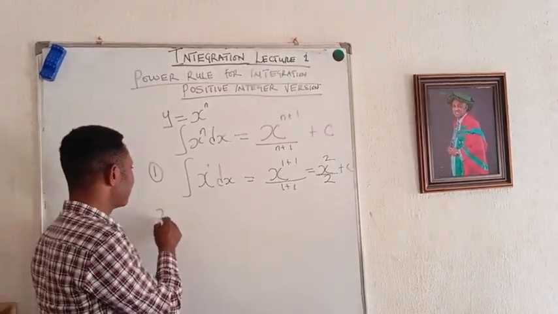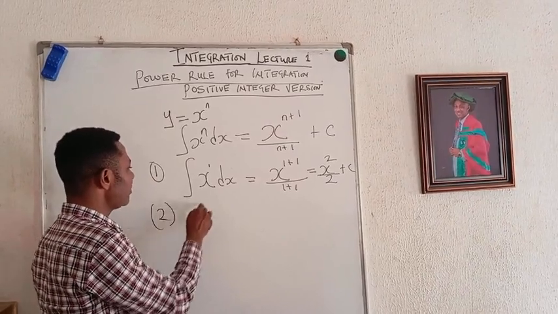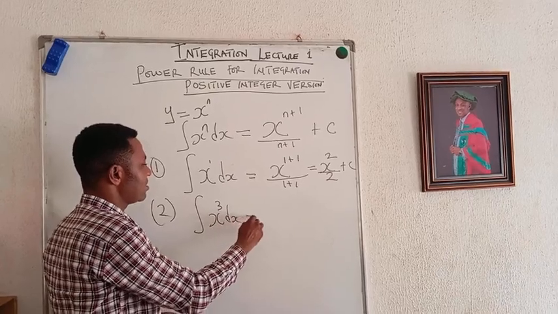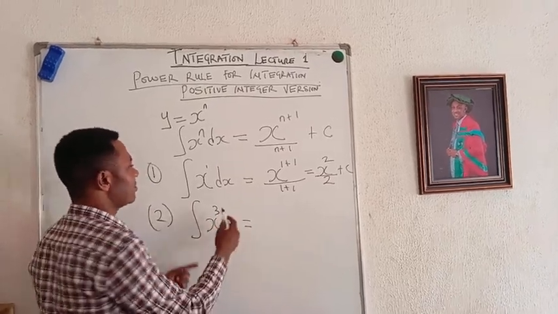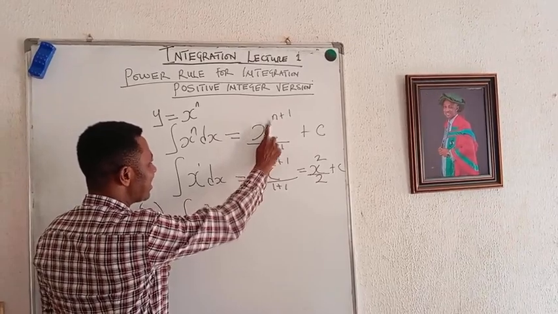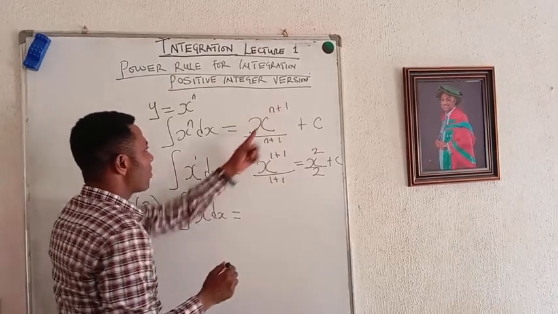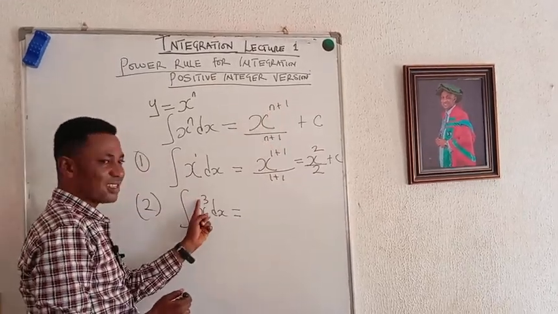Also, let's proceed. Again, we integrate x power 3 dx. Look at it very well. Like I told us earlier, this is a generic case. What is my n here? n is 3.